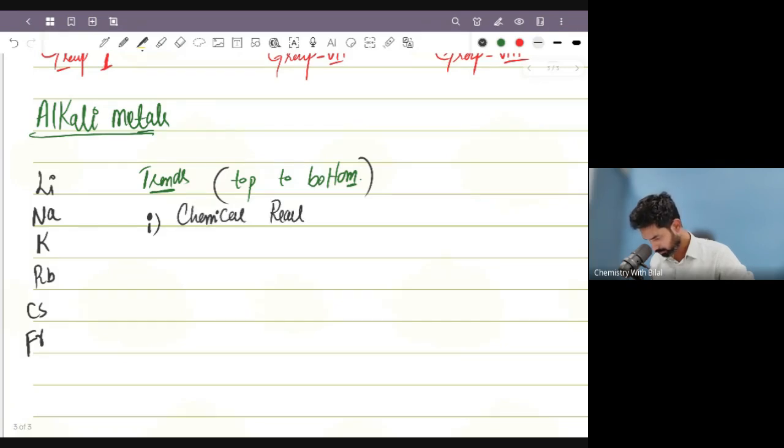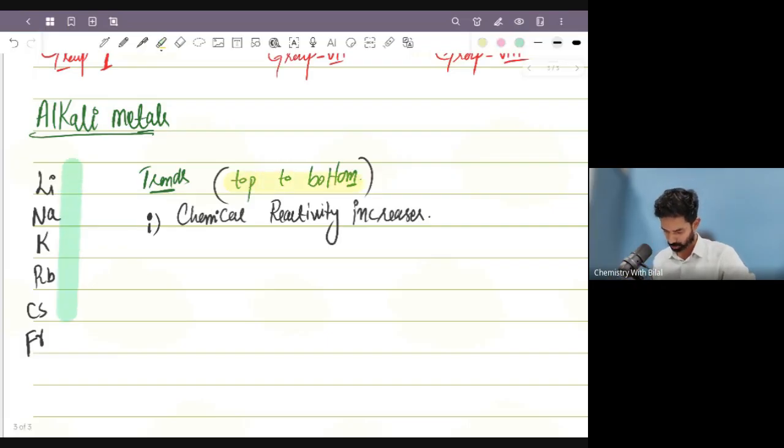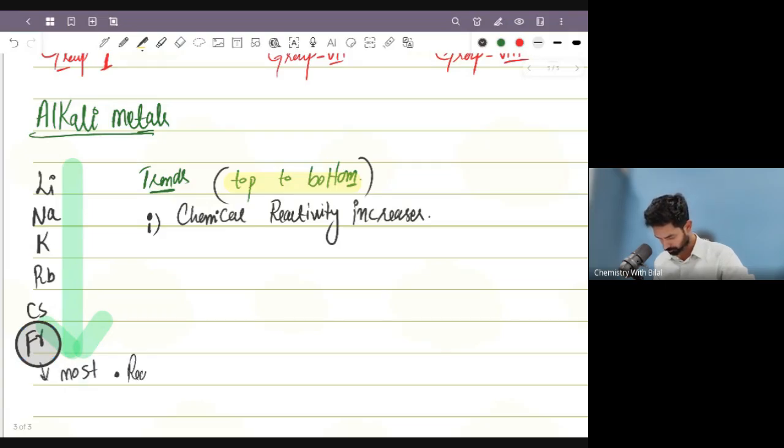I'm talking about top to bottom. So which one is most reactive then? As you go top to bottom, the chemical reactivity increases. That means the one at the bottom must be most reactive. So this is most reactive, right?